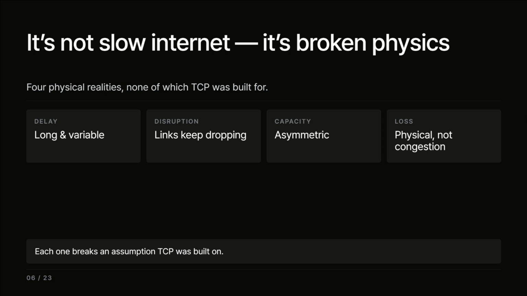What's important is that these same conditions also appear in disaster zones, underwater environments, and remote regions. So solving communication in space helps us solve many other problems as well. Now let's see how these realities collide with TCP's assumptions.